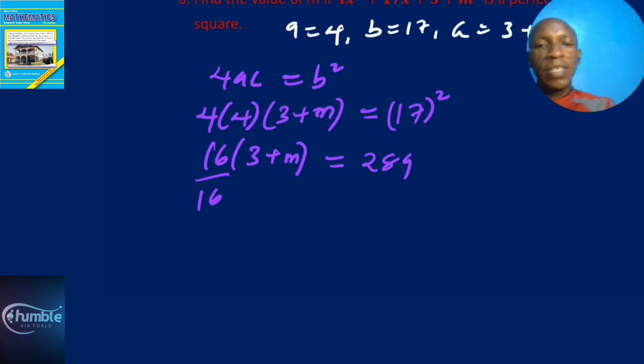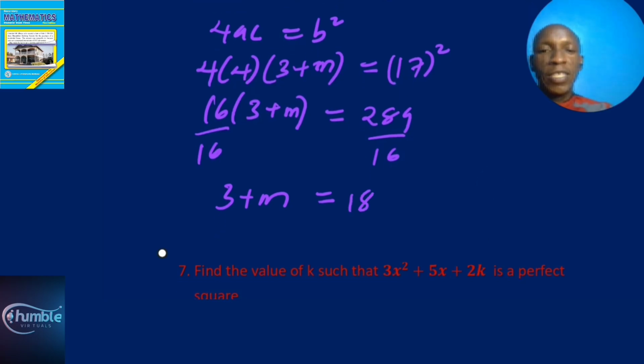Divide each side by 16. So 3 plus m is equal to 289 divided by 16. And that one gives us 18.0625. To get m, collect like terms.